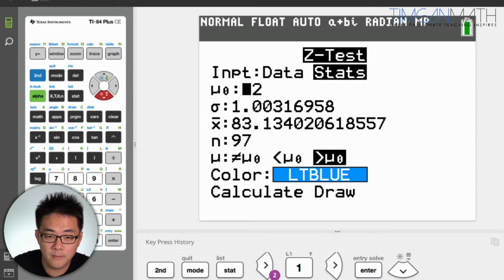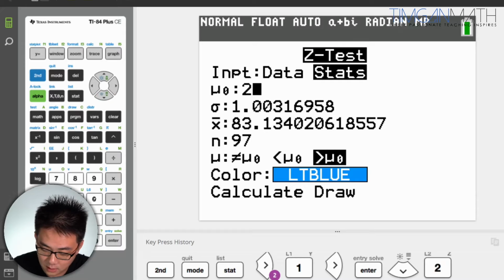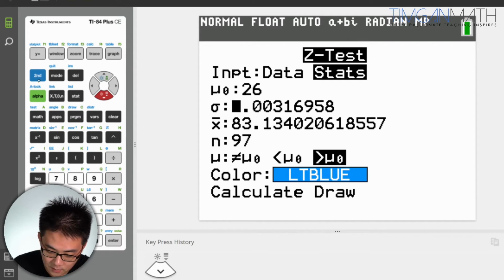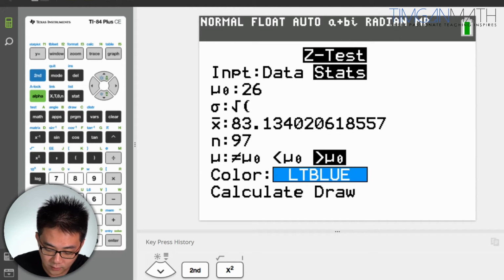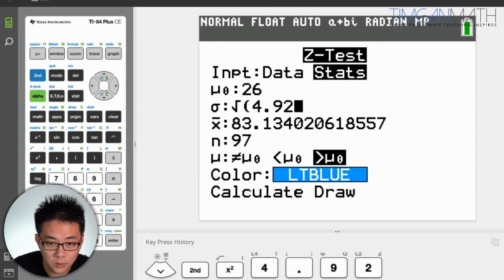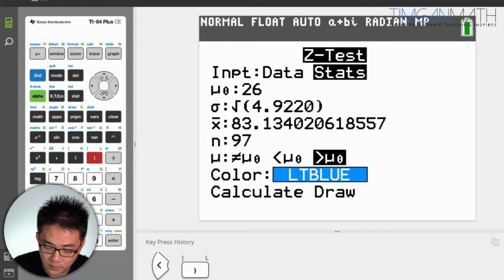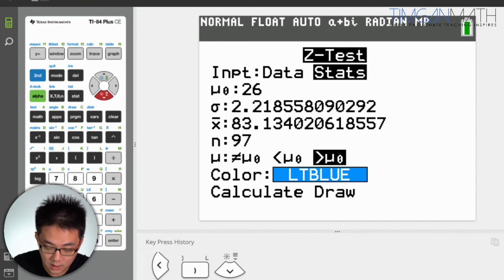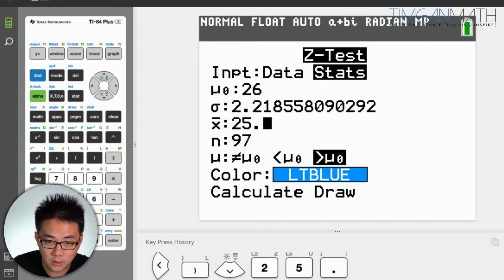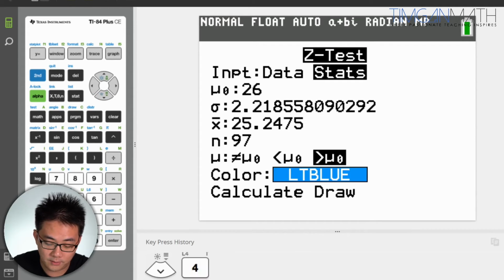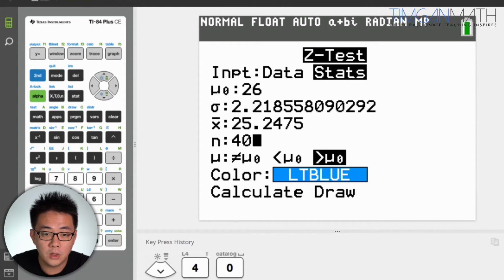Mu would be 26, and sigma will be the square root of the S squared value that you found, which is 4.9220. Then we have the X bar, which is 25.2475, and the sample size of 40.